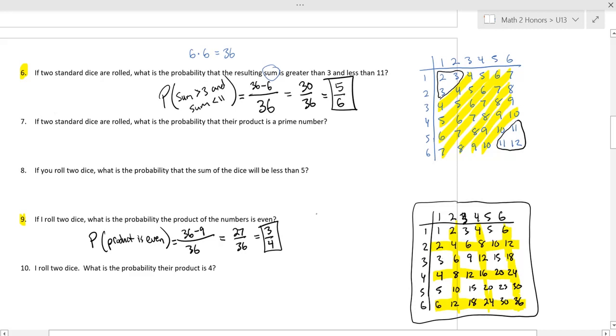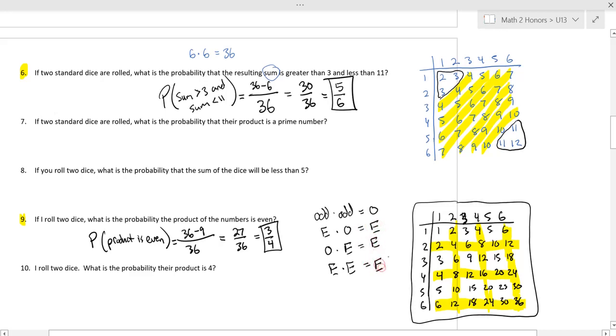When you multiply two numbers, you can get an odd times an odd, an even times an odd, an odd times an even, or an even times an even. Notice when you multiply an odd times an odd, you get an odd. An even times an odd is even. An odd times an even is even. Even times even is even.